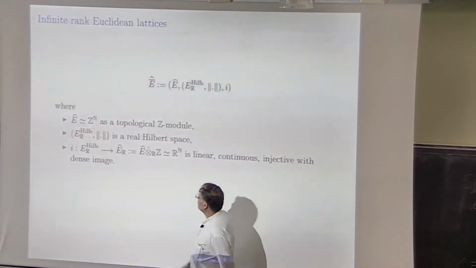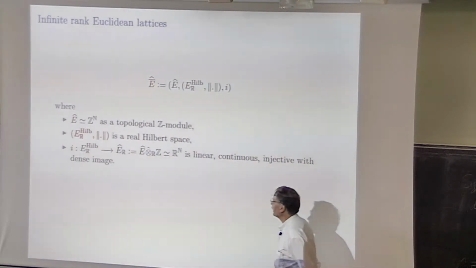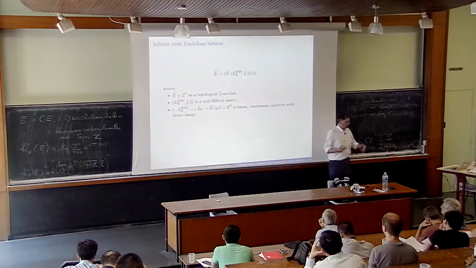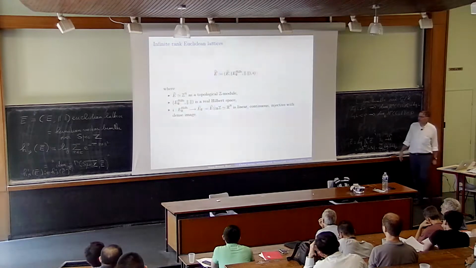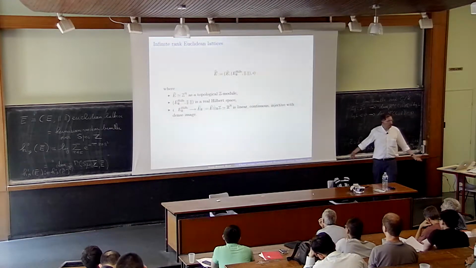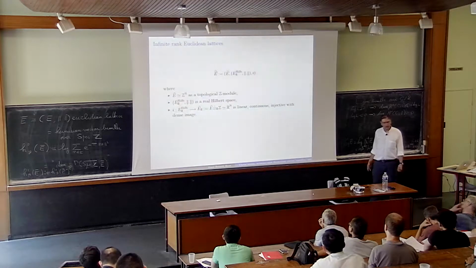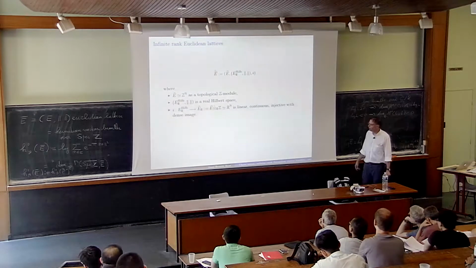So once you have identified E hat with Z to the power N, this topological tensor product is nothing but R to the power N with the pointwise convergence topology too.